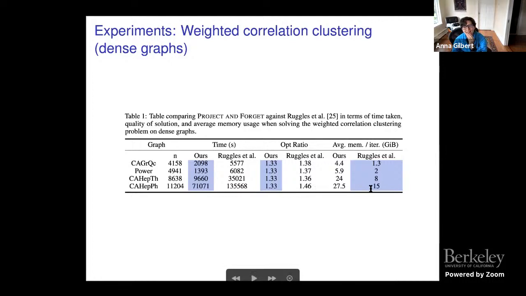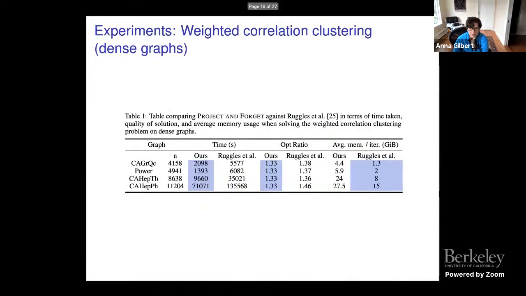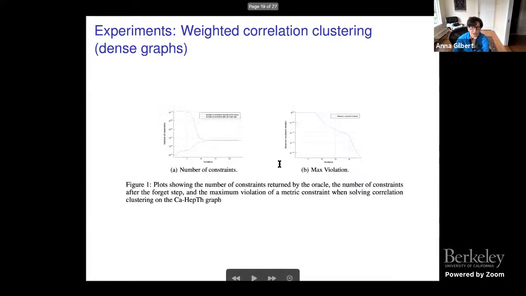The only kind of funny thing that's going on here is that the average memory usage per iteration, their algorithm does better. So we went to investigate this. This seems kind of strange for an algorithm that is supposedly some sort of active set method that is ejecting constraints after they've been satisfied. So it turns out indeed that is what's happening, and just computing an average memory usage per iteration doesn't really show what happens over some number of iterations.